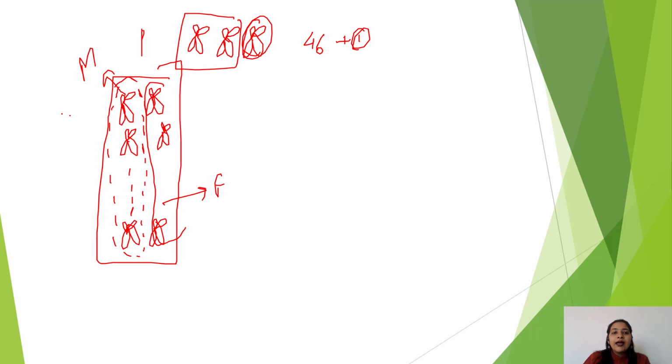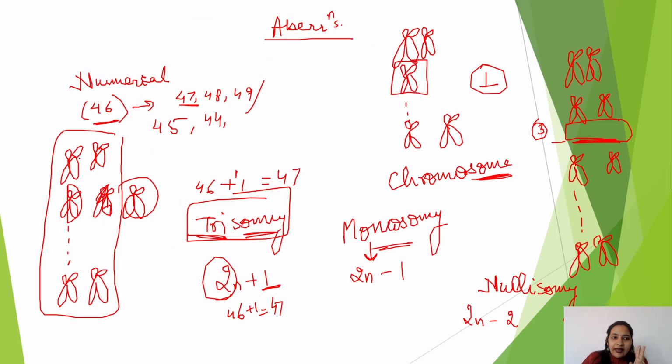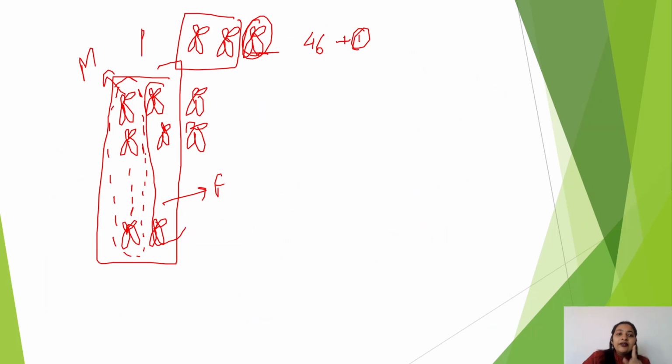Now, it may happen that at times we may have a complete set additional, like this. We may have one more complete set. If you can see the difference here, we were having only one chromosome extra. We have diploid plus only one chromosome extra. But if there is a complete set extra, all 23 chromosomes extra, that means 2n plus n. N is 23.